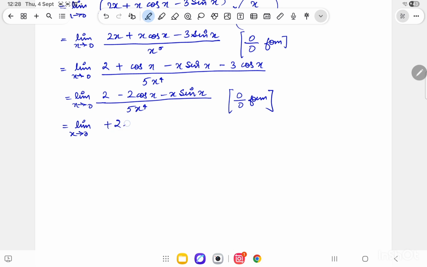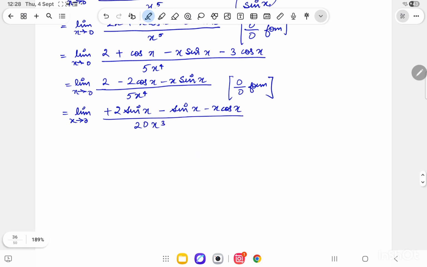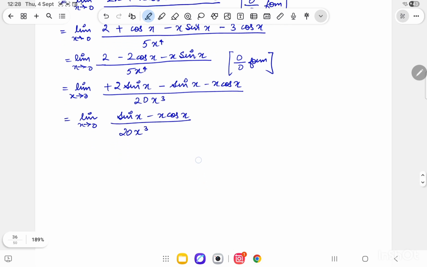So I'll be getting minus 2 sin x minus x cos x divided by 5 times 4, that is 20x cubed. So this will be equal to limit x approaches 0 of sin x minus x cos x divided by 20x cubed.